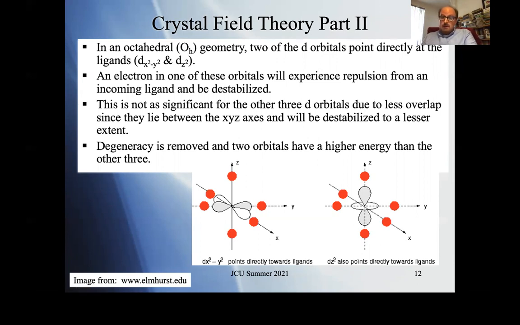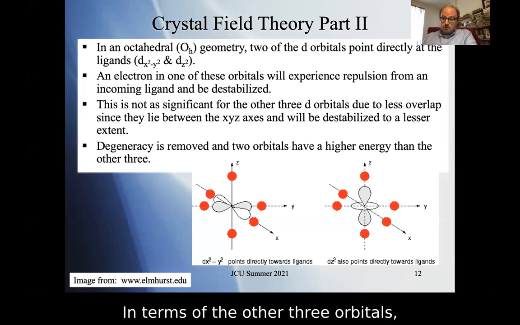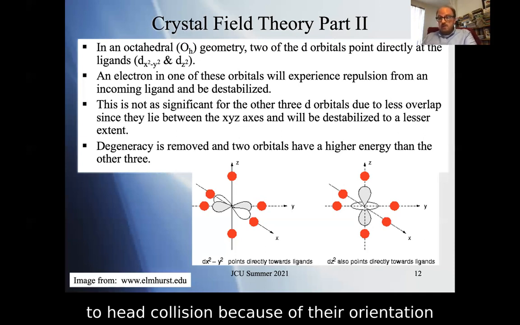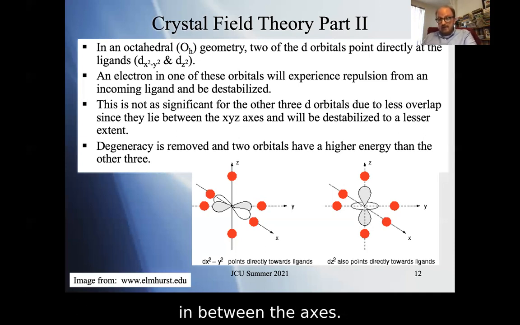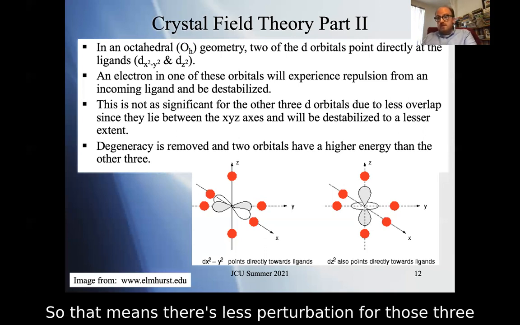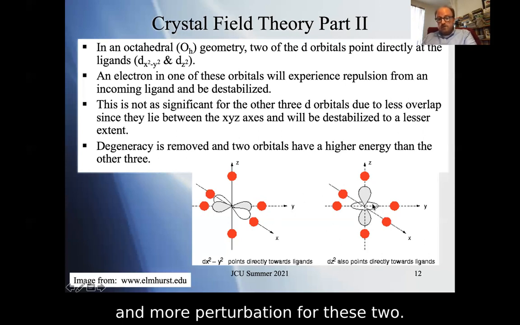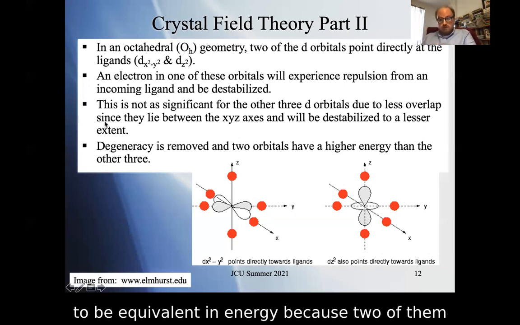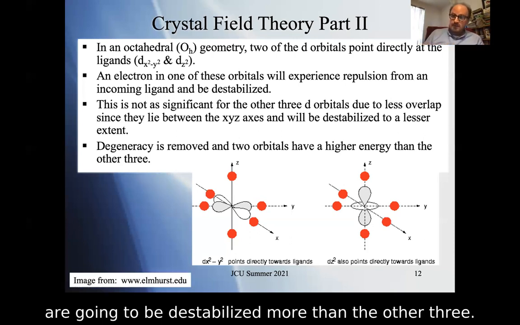Right now, in terms of the other 3 orbitals, those are not going to have that head-to-head collision because of their orientation in between the axes. Right, so that means there's less perturbation for those 3 and more perturbation for these 2. Now, what that means is that the orbitals are no longer going to be equivalent in energy because 2 of them are going to be destabilized more than the other 3.